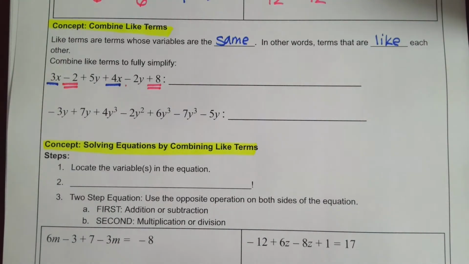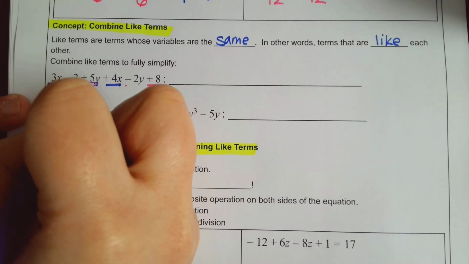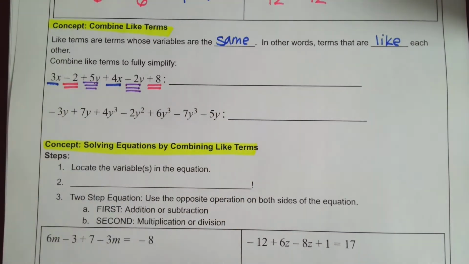And then finally, the y's are going to be in purple with a triple underline. Now, you can also use boxes and circles and triangles. You can use whatever you need to combine like terms and identify them.